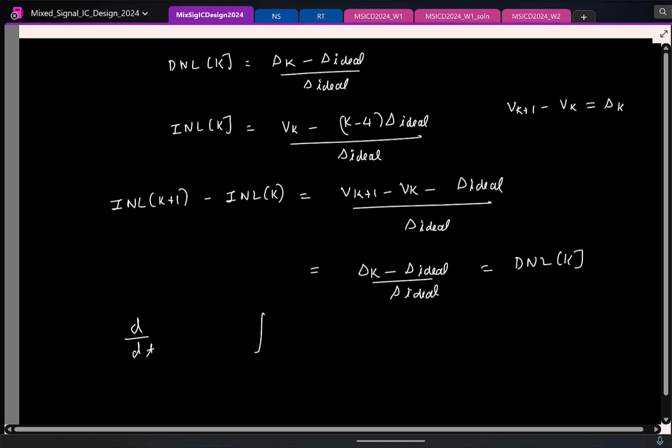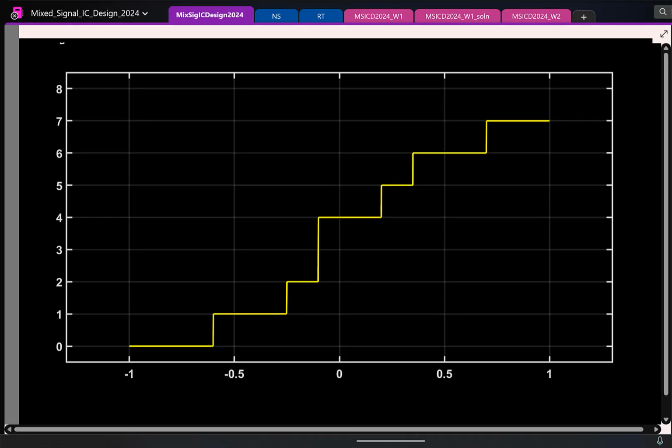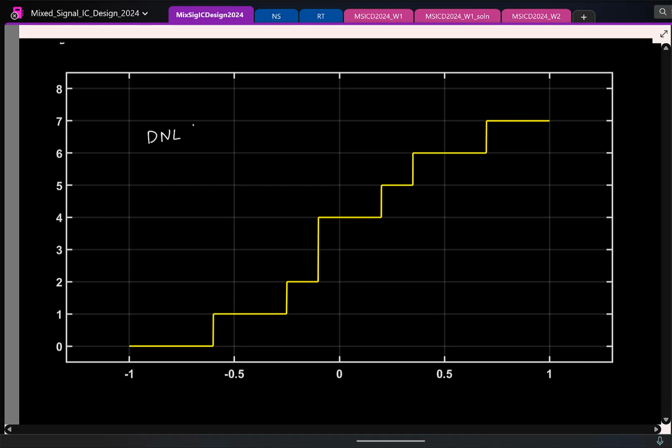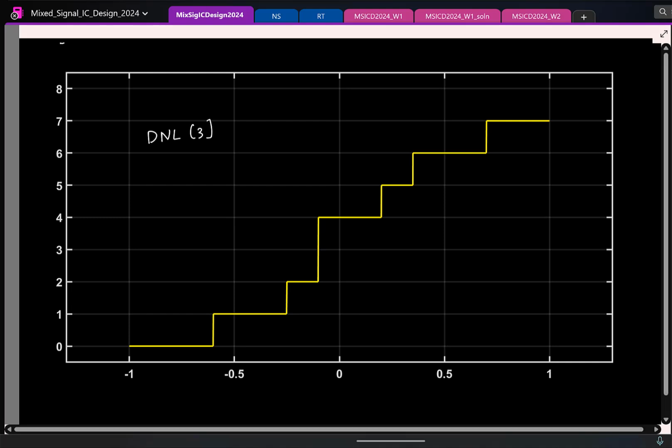So now let's look at this guy. Here, can you try to find out what is the DNL for code 3? How do I find DNL for code 3? I should find the delta for that particular code minus the ideal delta, by delta ideal.